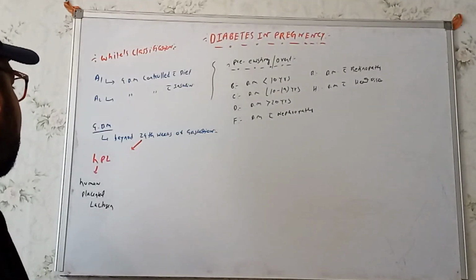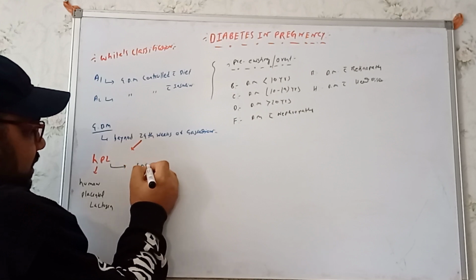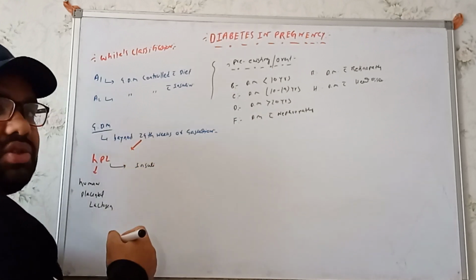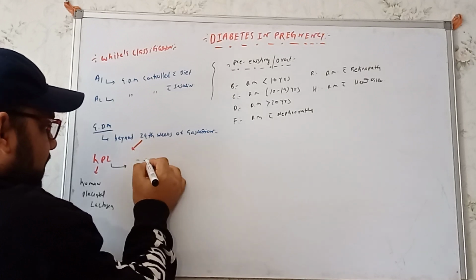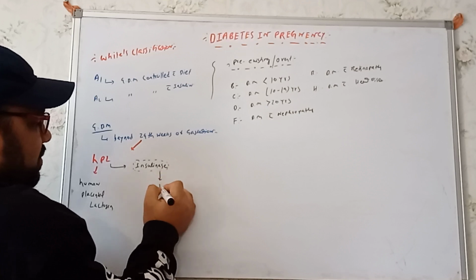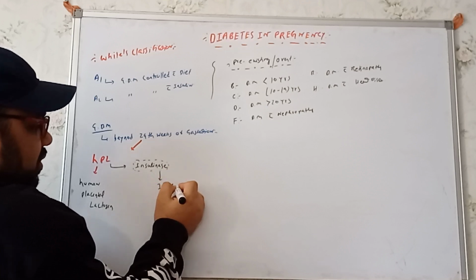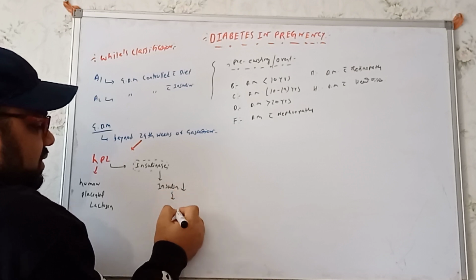This hormone has insulinase activity, which means it can destroy insulin. Since it has the property of insulinase, the amount of insulin in the blood will be less, so ultimately the sugar level will increase.